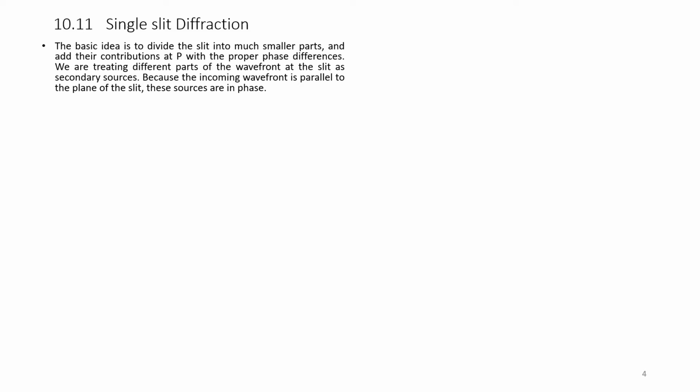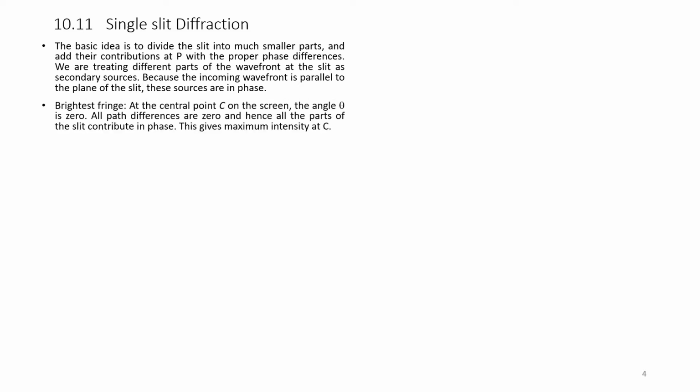We are treating different parts of the wavefront at the slit as secondary sources, because the incoming wavefront is parallel to the plane of the slit. These sources are in phase. Brightest fringe at central point C on the screen, the angle theta is 0. All path differences are 0, hence all parts of the slit contribute in phase. This gives maximum intensity at C.